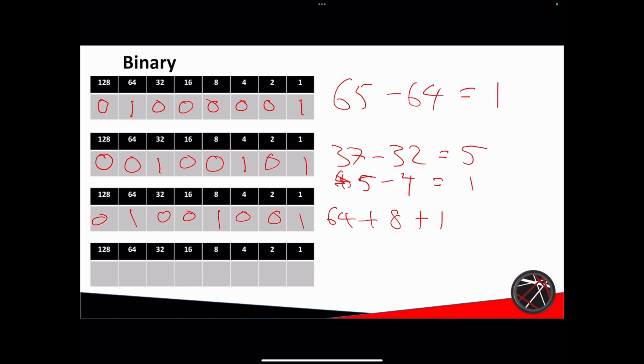So in other words, 64 plus 8 is 72, plus the extra 1 is 73. Again, I'll just do it one last time just to show us. In this case, I've got 32 plus the 4 plus the 2 plus the 1, and therefore 32 plus 4 is 36, plus another 2, 38, plus the other one, 39.